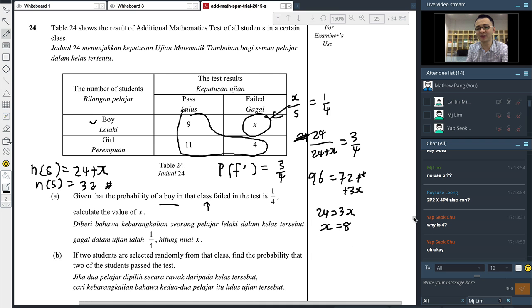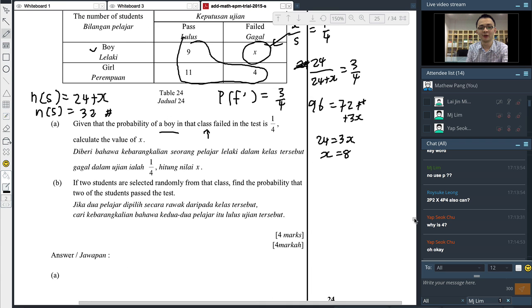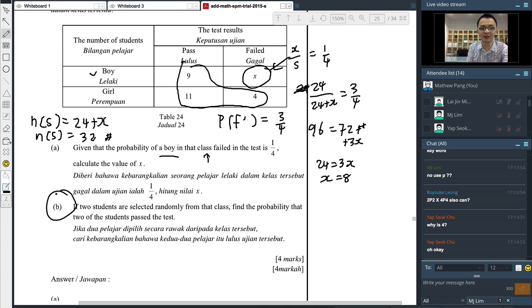Alright, if I have 32 students, the next question: if 2 students are selected at random from the class, find the probability that both students pass the test. How many students pass the test in this case? We have 20 students who pass. So that means 20 pass out of the total.